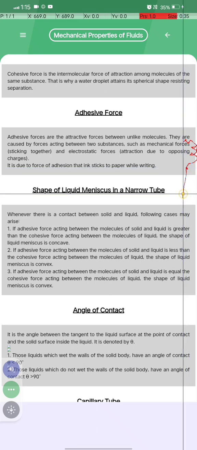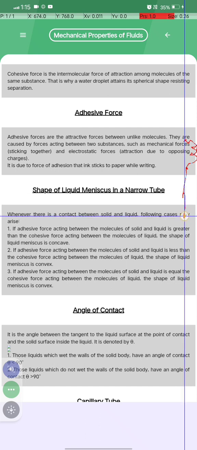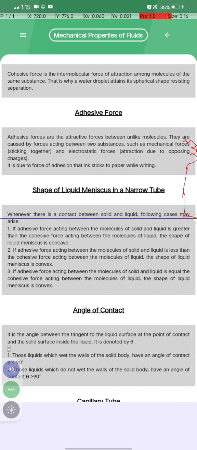Shape of liquid meniscus in a narrow tube. Whenever there is contact between a solid and a liquid, the following cases may arise.